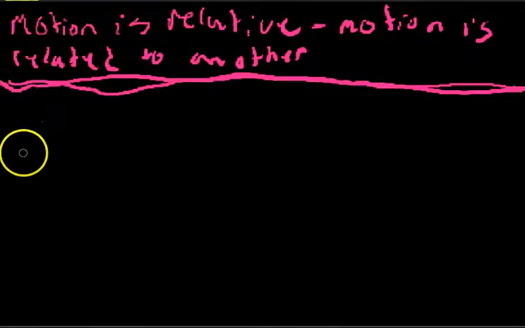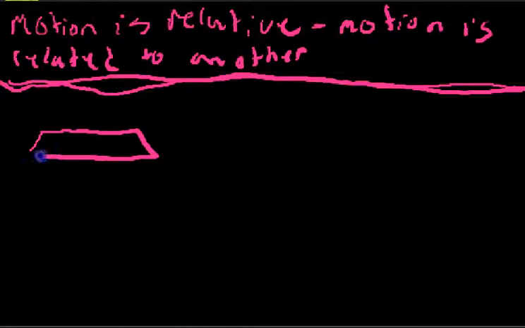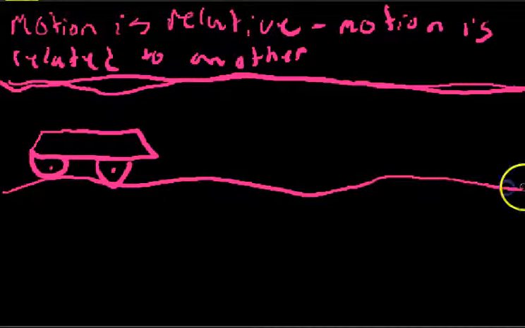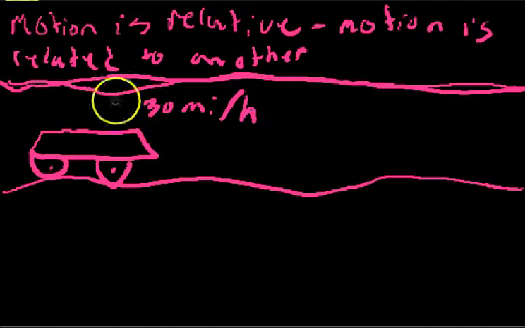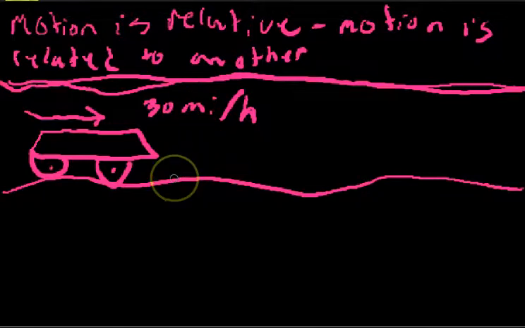So if we have a car moving down the road, it's not a very good drawing of a car, but if we have a car moving down the road, and let's say he's moving 30 miles per hour this way, maybe this way is north. Well, in everyday speaking, we say he's moving 30 miles per hour because he is, but really scientifically he's moving 30 miles per hour relative to the ground, which is important to know.